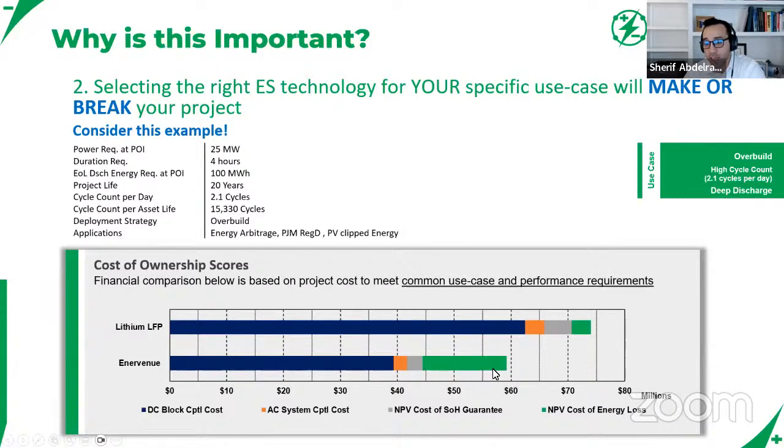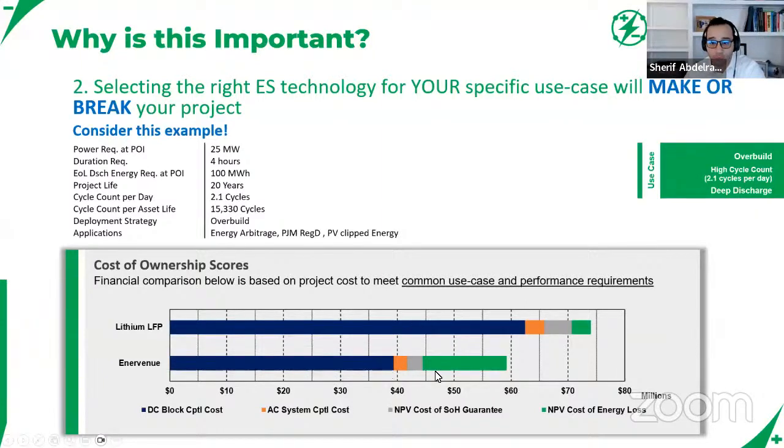What was found is that the cost of the energy losses is going to be a lot compared to lithium, shown here in green. But since the cycle life is so high and the degradation is so low, you don't need to purchase as much battery as you would with lithium. So it offsets the cost of the lower round trip efficiency.